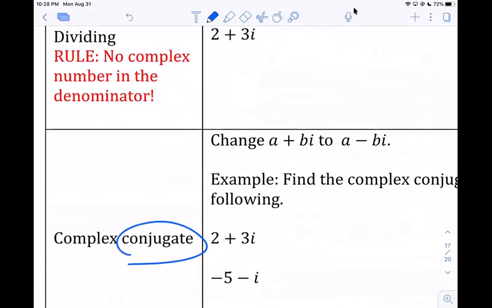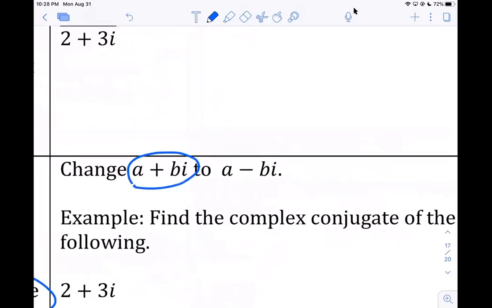We saw this word a lot in Algebra 2, conjugate. Conjugate means kind of the opposite. And so in this case, we are looking for the complex conjugate because it's the conjugate for the complex number. So what is that? If our complex number is a plus bi, then the complex conjugate is a minus bi, where we just change the sign in between the two terms into the opposite sign.